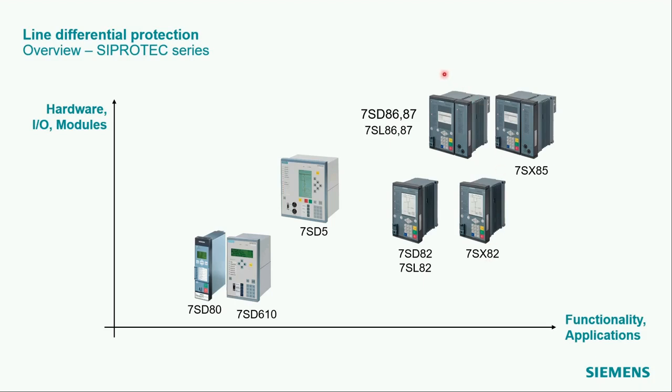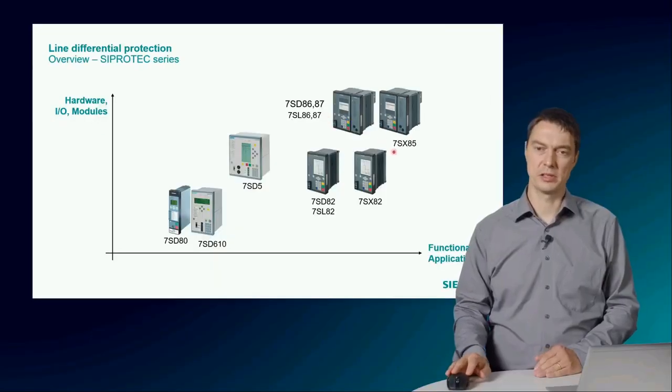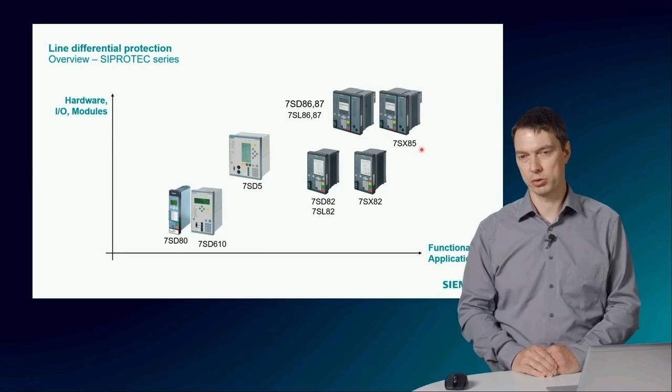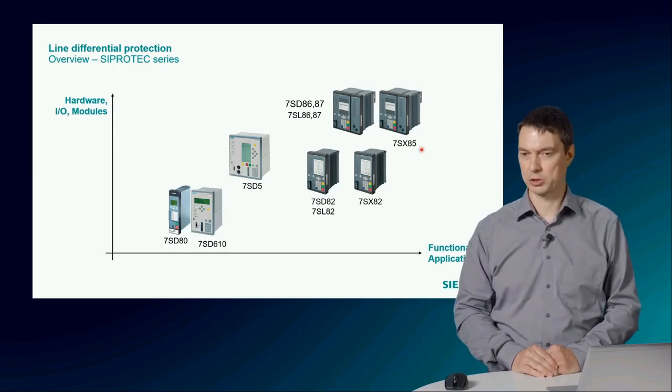The modular devices like the 7SD86 and 7SL86 provide a 3-pole tripping, while the 87 devices also include single and 3-pole circuit breaker operation. The highest flexibility is provided by the universal device 7SX85, which also includes the line differential protection principle.